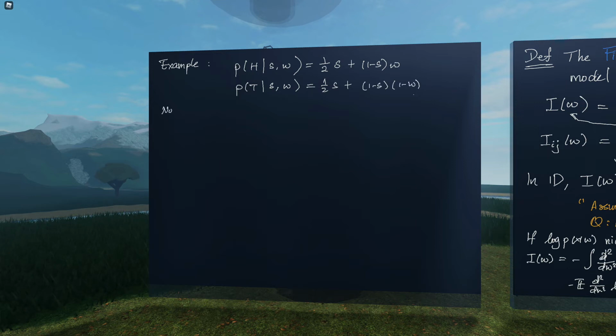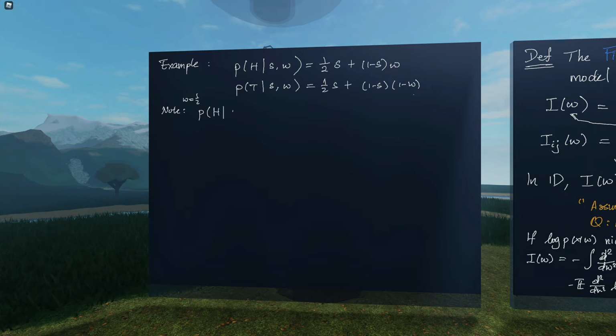And note that this is not identifiable, meaning it has some degeneracy. In particular, if the supposedly biased coin in the box actually has probability of landing heads W equal to half, meaning it is itself a fair coin, then this model collapses down to just a fair coin model.